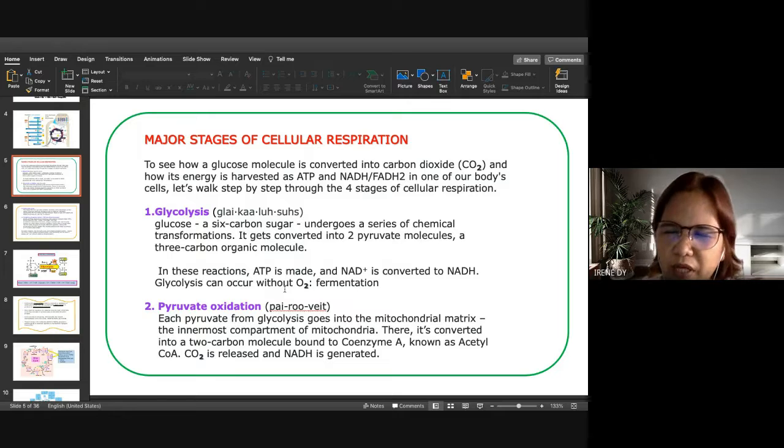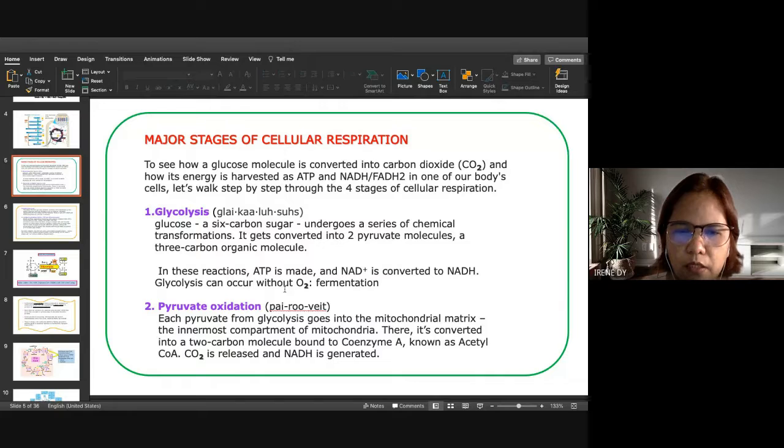The reason it happens is instead of sustaining the process for you to run, nag-produce ka ng lactic acid, and that makes you stop. Kaya masakit. Kaya pag nirelax mo, yung mga athlete, pinapadyak-padyak pa nila yan, and then they run again, meaning bumalik na naman sa momentum yung glycolysis.